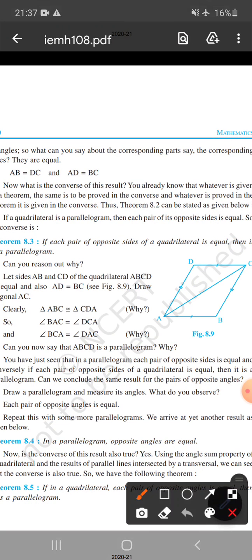So in triangle ABC and triangle CDA, angle BAC will be equal to angle DCA.